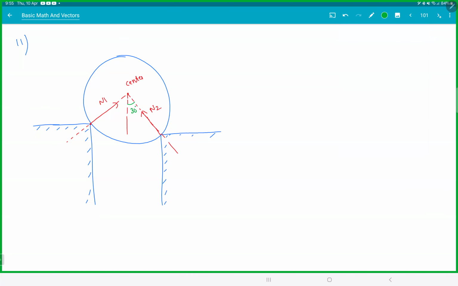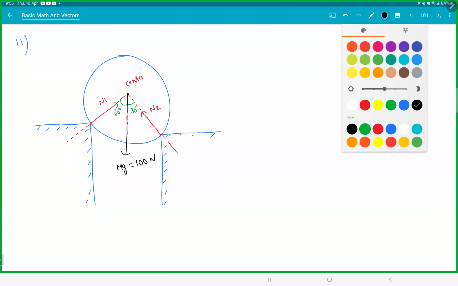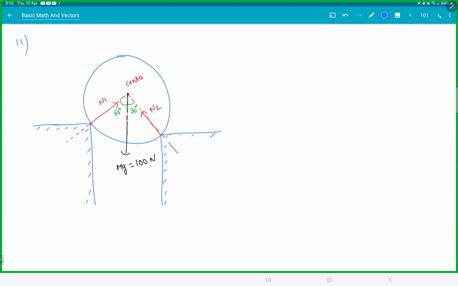This angle is 30 degrees and this angle is 60 degrees. And the weight of this thing, mg, let's say is 100 newtons. You're getting this? So a ball is stuck between two tables. A sphere of 10 kgs stuck between two tables. Find N1 and N2.